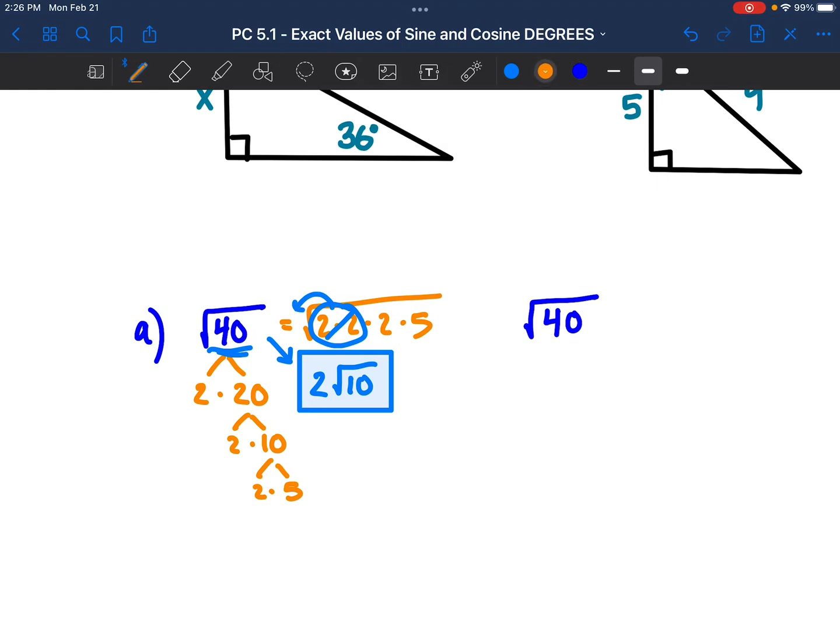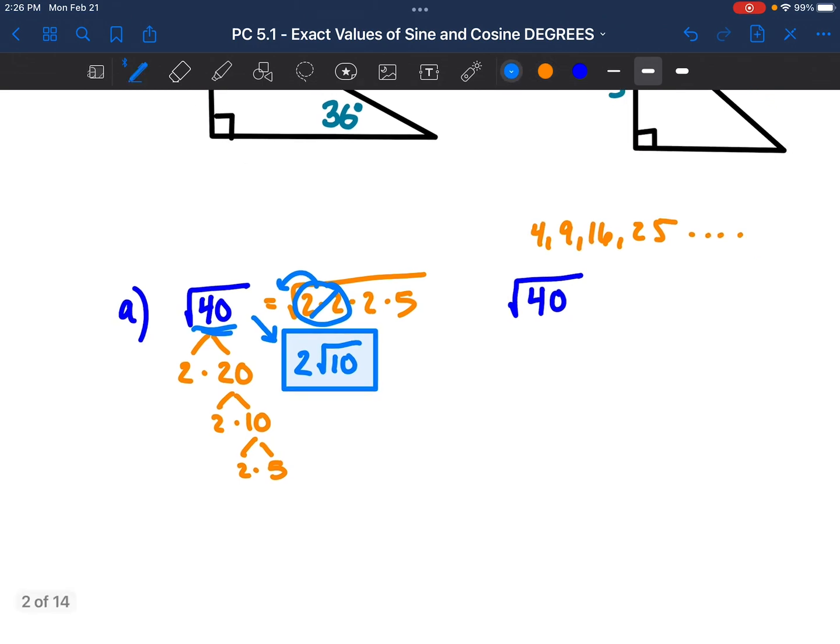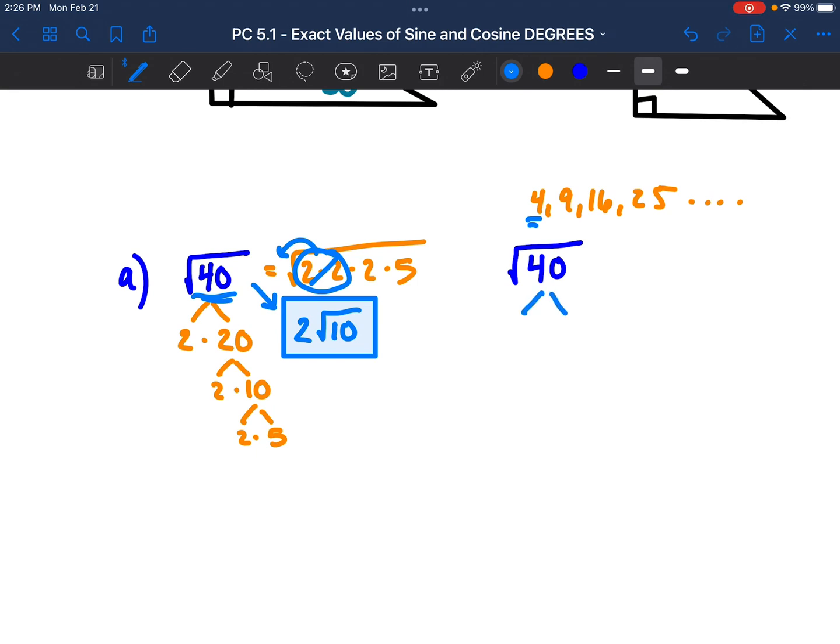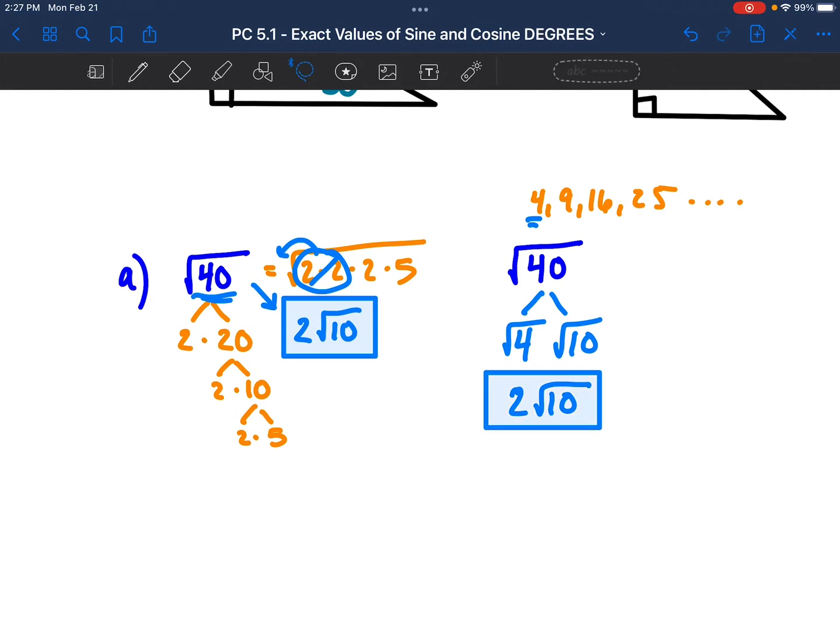When I say a perfect square factor, I mean 4, 9, 16, 25, and so forth. Well, 4 is a perfect square and divides into 40. So I break this down into 4 and 10. Square root of 4 is 2. Square root of 10 doesn't simplify, so you leave it.